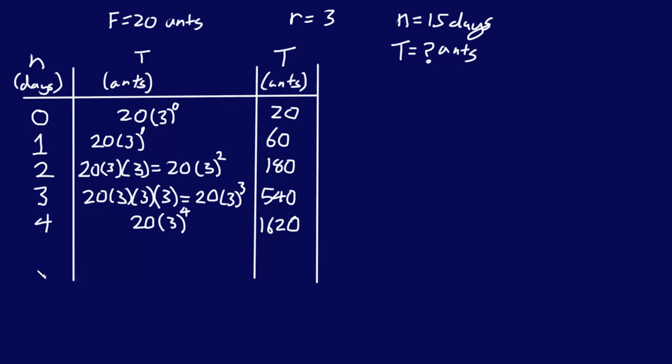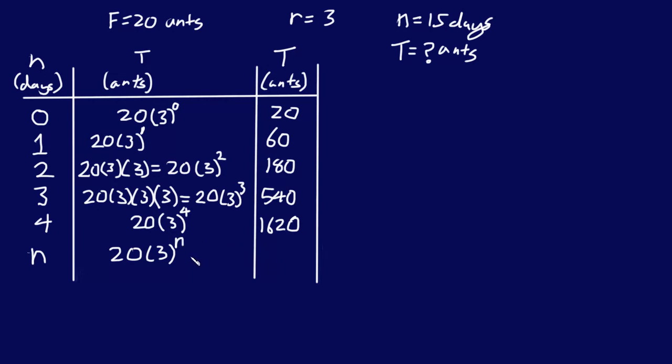But before we do that, let's just get a general equation. So after n days, t is equal to 20 times 3, which is the common ratio. The common ratio is the amount that you multiply the initial amount by, raised to the power of n.